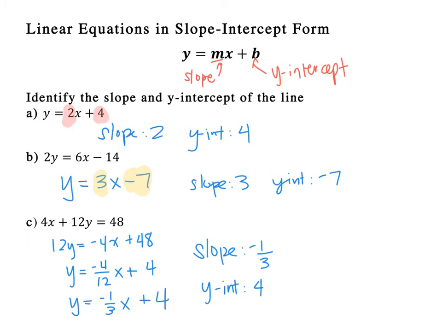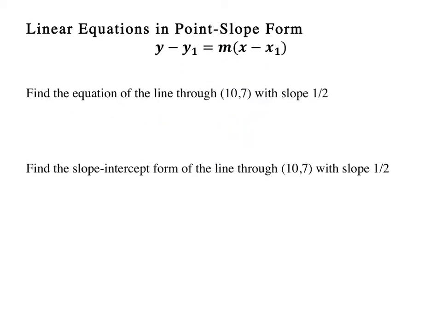Pretty fun. We're looking at a new form now, point-slope form. Equations in point-slope form follow this format: y minus y1 is equal to m times x minus x1.